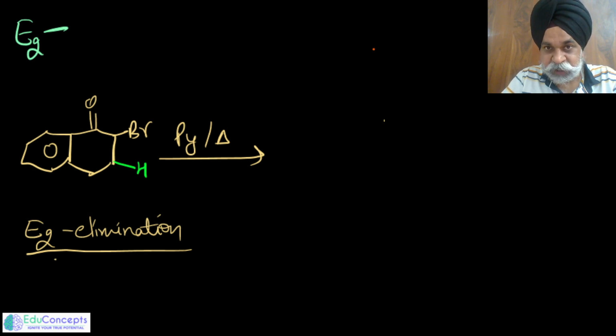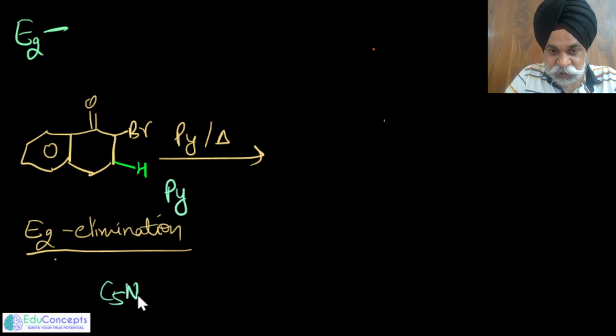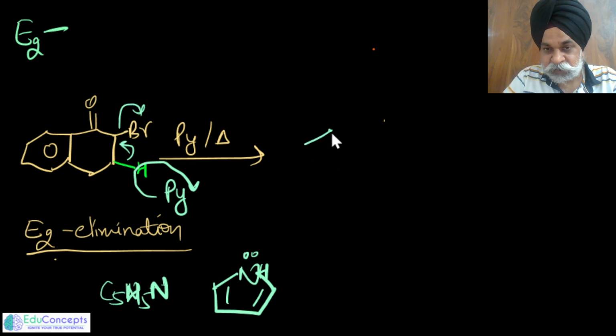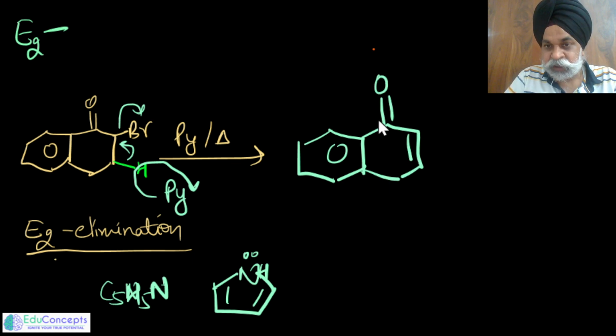Pyridine is a relatively good base. Pyridine is what? C5H5N, or in other words I can show it like this also. This is what you call pyridine. So pyridine abstracts this H positive, this bond goes here, and bromine goes out. As a consequence, you would get a compound of the type alpha beta unsaturated ketone.